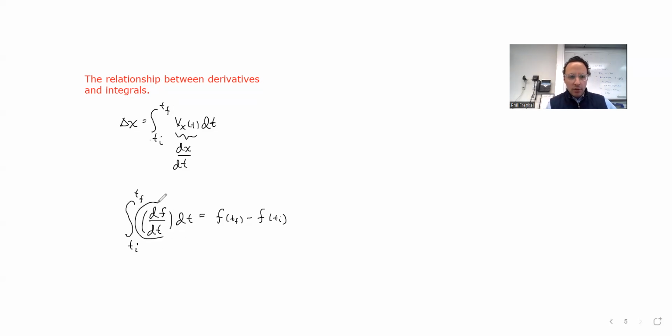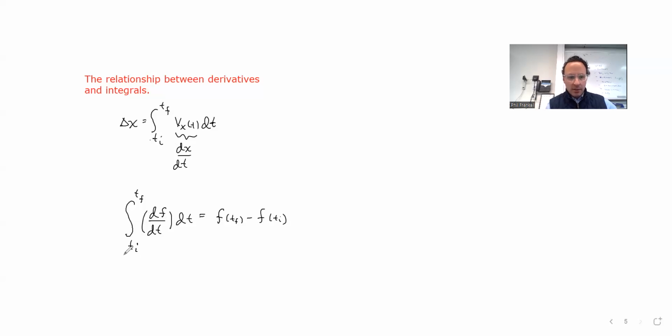So I integrate the derivative of the function f with respect to time, and I'm integrating with respect to time. I get back the change in the original function f between the two times.